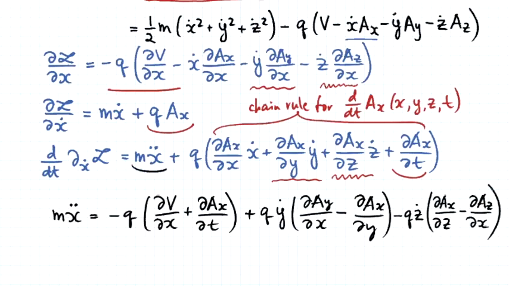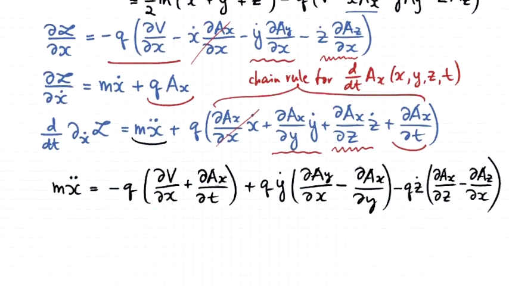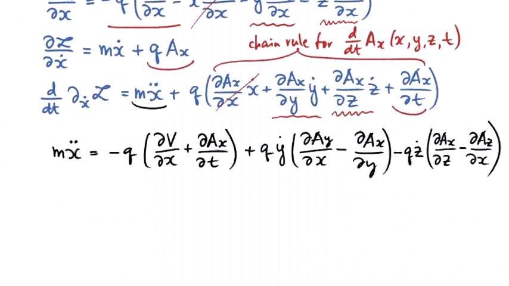Note that these two terms, this term here and this term here, are equal. So in fact, they are cancelled out. Now let's see if we can identify these parentheses. This one here, this one here, and this one here.